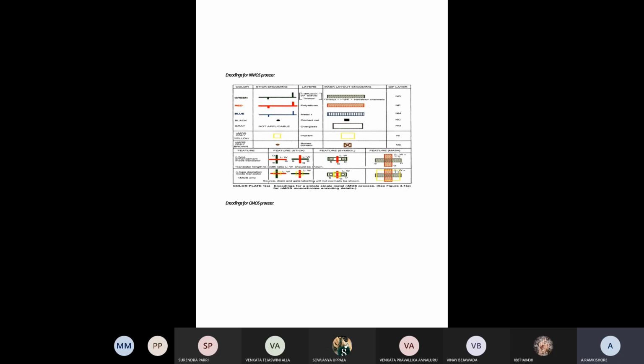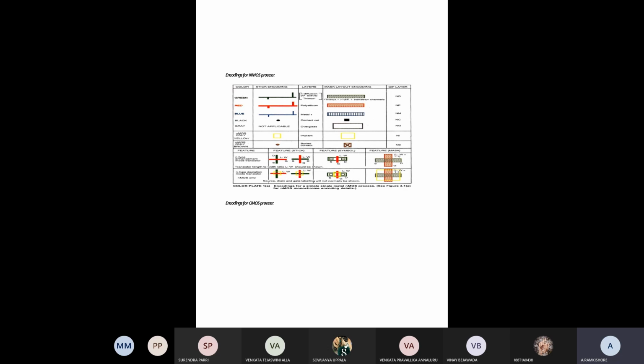So here we have to use different colors. For NMOS and CMOS, we have to use different color representations. In the same way that red, green and yellow colors are used in different transportation systems, here also we are using different colors to represent different layers within the MOS transistor.